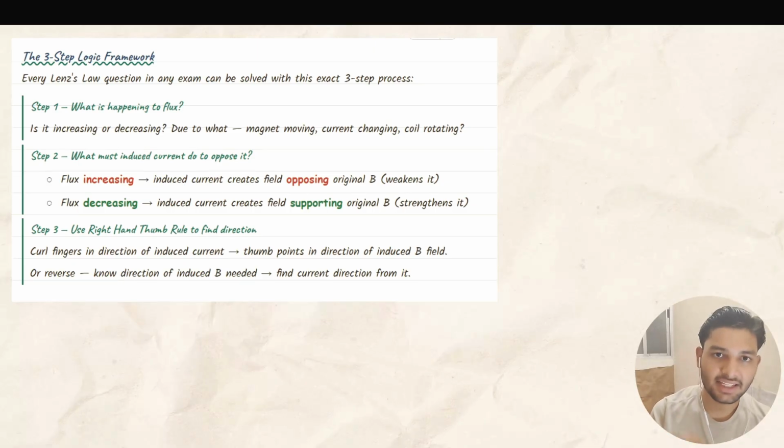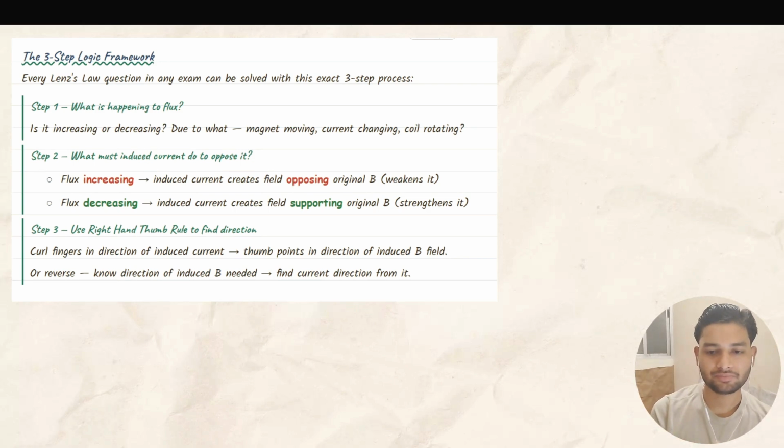Is it increasing? Is it decreasing? If it is increasing, then there would be an opposing current that would stop it from increasing. And if it is decreasing, there would be a supporting magnetic field that would help it to increase.